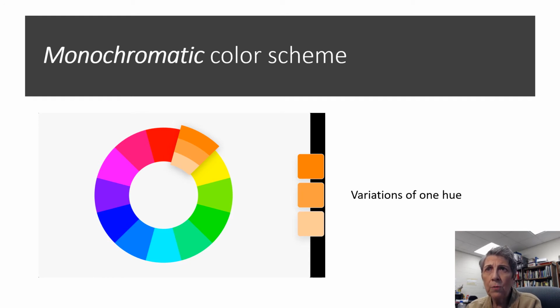And it is important for you to know that monochromatic is variations of one hue. Right there, right? So that hand ad that we looked at, that was monochromatic. Okay? Monochromatic. All right, that's monochromatic, one.